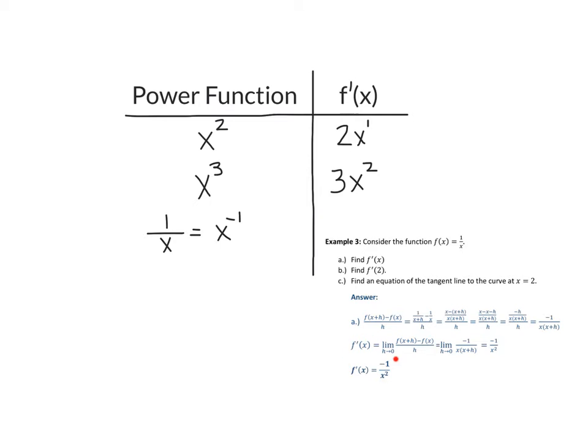Next, we have to find the limit as h goes to 0 to get our derivative f prime of x. Taking that limit of the simplified difference quotient, as h approaches 0, our limit becomes negative 1 over x squared. So that is our derivative for the power function x to the negative 1. The derivative is negative 1 divided by x squared.